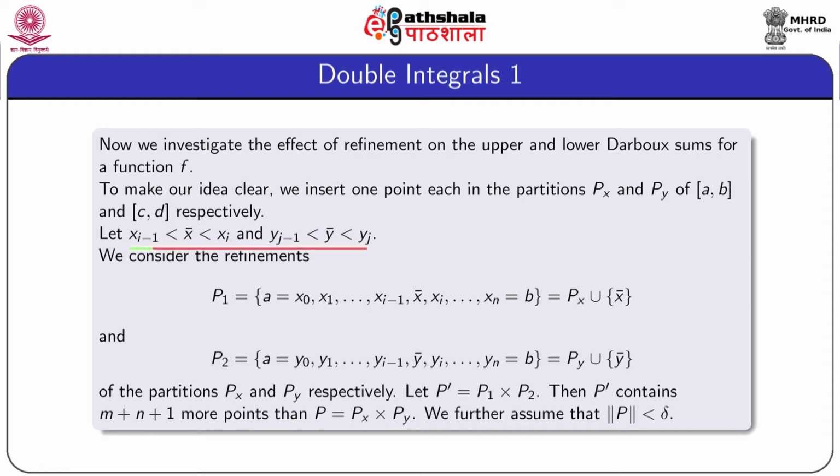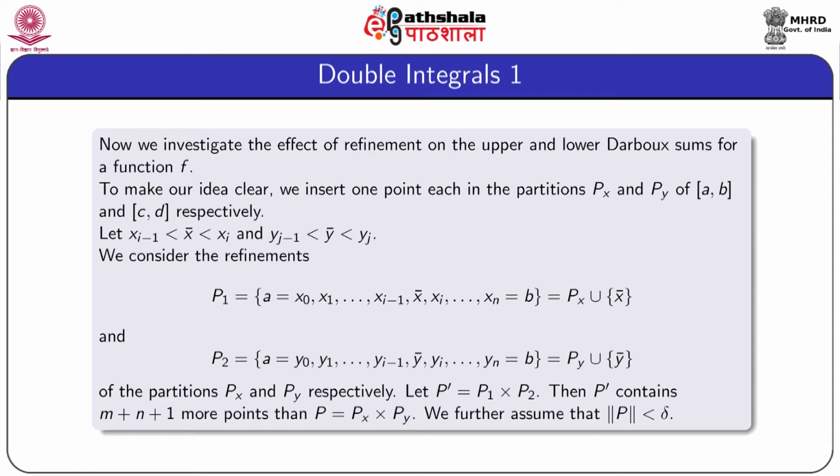We insert a point x bar in between xi minus 1 and xi and y bar in between yj minus 1 and yj. We consider the refinements where P1 is nothing but Px union the singleton set x bar and P2 is Py union the singleton set y bar of the partitions Px and Py respectively.